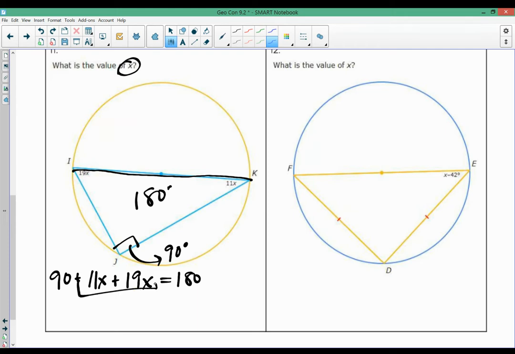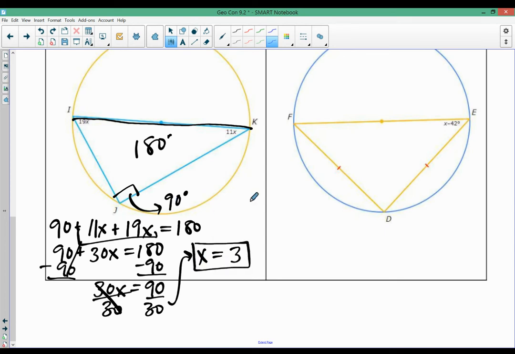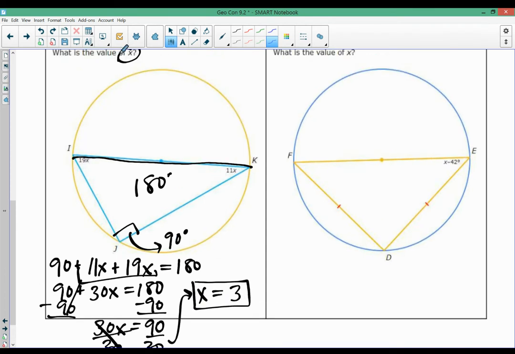We can combine these terms: 90 plus 30x equals 180. Subtract 90 on both sides because that's your constant. That gives us 90. Divide both sides by 30, and we get x equals 3. That's what we're looking for, the value of x.